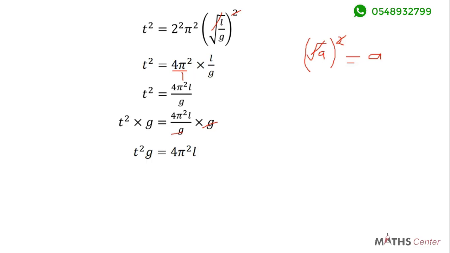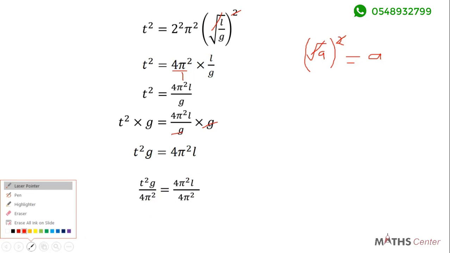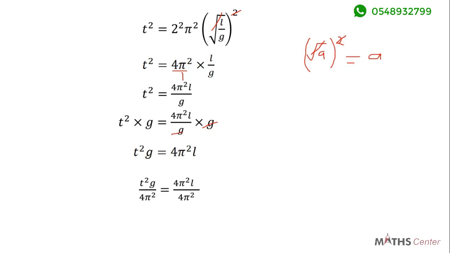T squared times G will give us T squared G. Now we have 4 pi squared L because the G and G have cancelled each other out. We want to make L the subject. What is attached to L is 4 pi squared. What do we do? We divide both sides by the variable or the numbers attached to L. So we divide both sides by 4 pi squared. So 4 pi squared, we will use it to divide what we have on the left hand side.